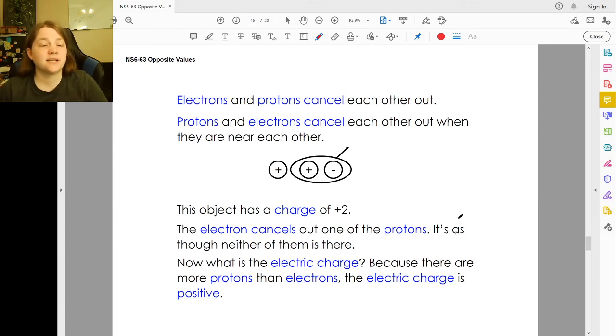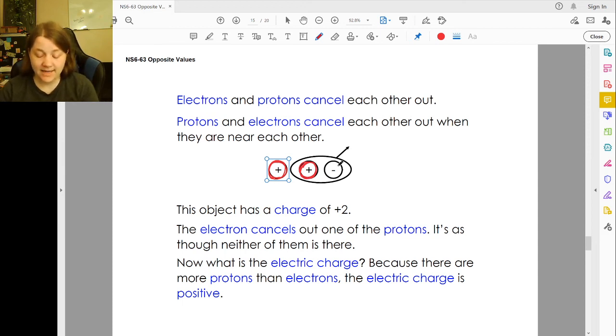Now, the interesting thing about this is that electrons and protons actually cancel each other out. So protons and electrons, if they're in the same area, cancel each other out. We had an object that has a charge of +2, but then we get a negative, so the object starts off with 2 positives.